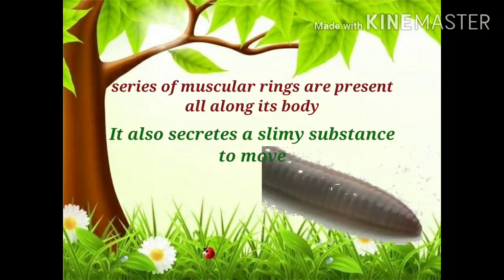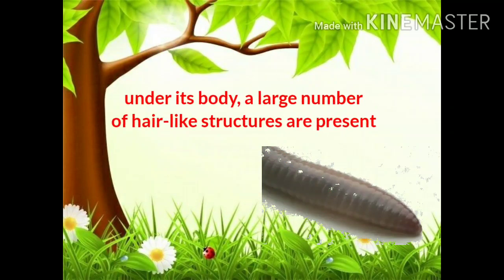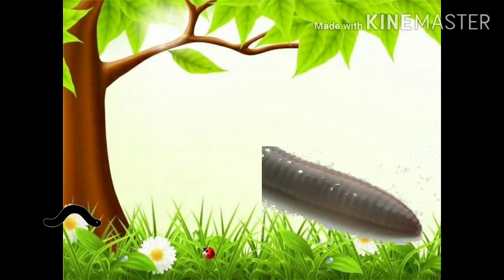Its body also secretes a slimy substance which helps it to move. You can see the rings in the picture that is shown to you. Under the body of earthworm, a large number of hair-like structures called bristles are present. The bristles are connected with the muscles. These help the earthworm to move on a surface.